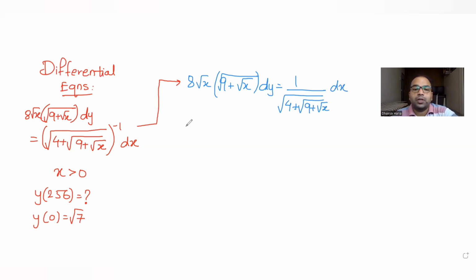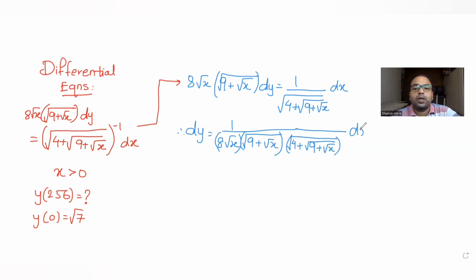First thing I can do here is take the x terms to the right hand side. So it becomes dy is equal to 1 upon 8√x √(9+√x), and we also have one more term, √(4+√(9+√x)), the whole thing with dx.